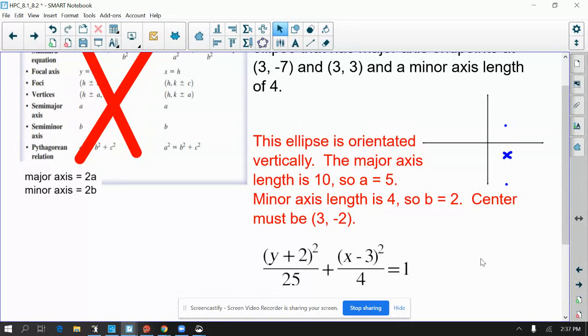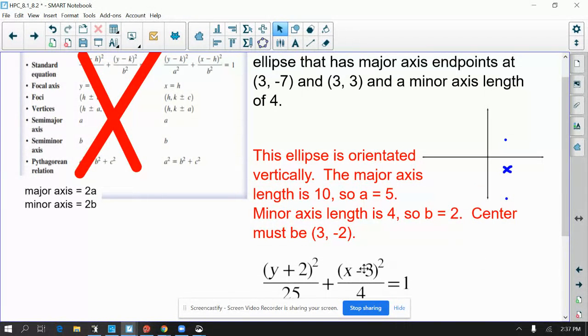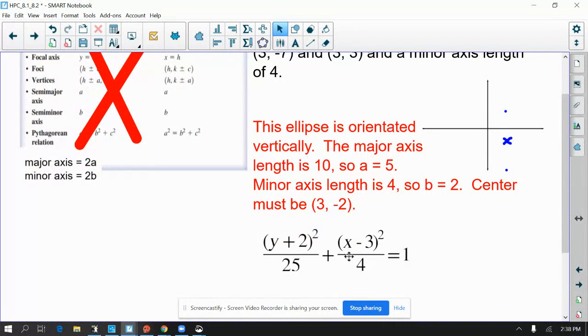We know the center, which is 3, -2. So x minus 3 would be here, and then y plus 2. Remember, it's always x minus the h value, y minus the k value. And then A squared is underneath the y value because this one is orientated vertically, and B squared is underneath the x value.